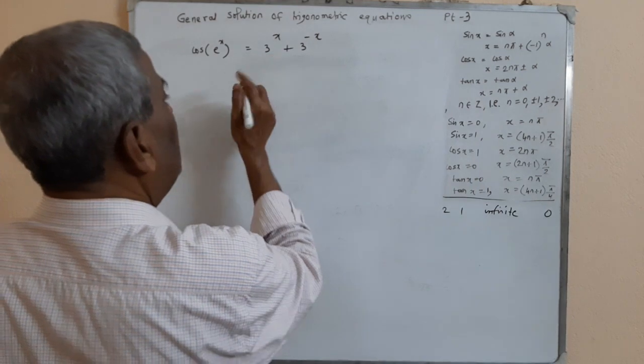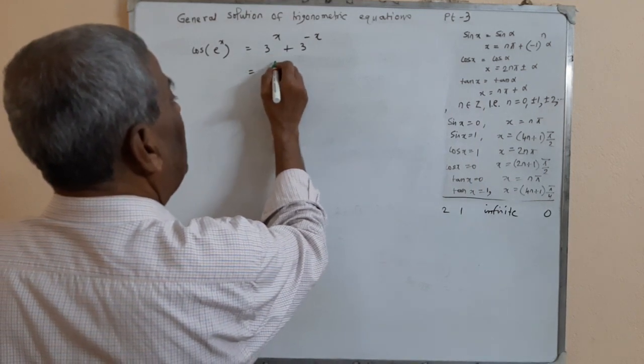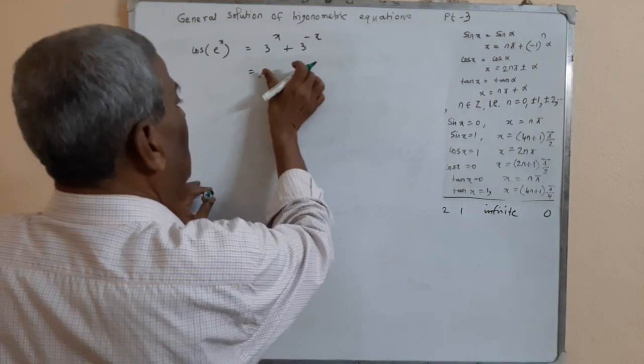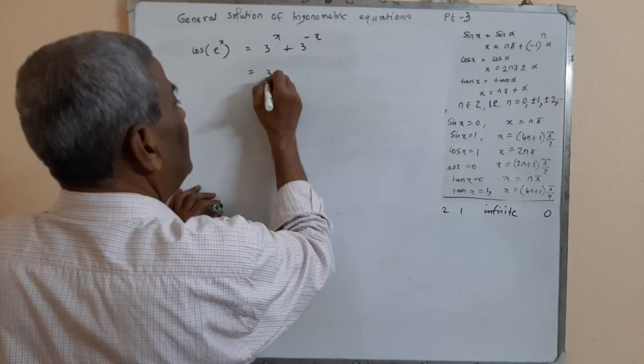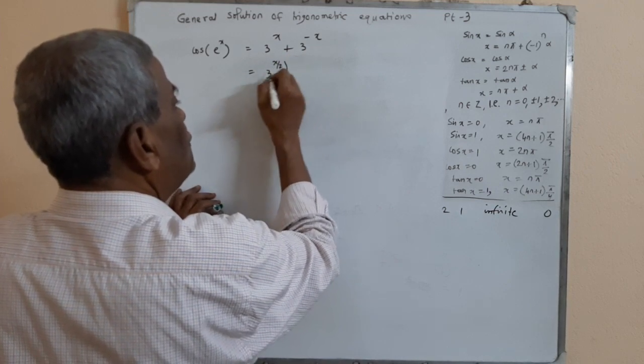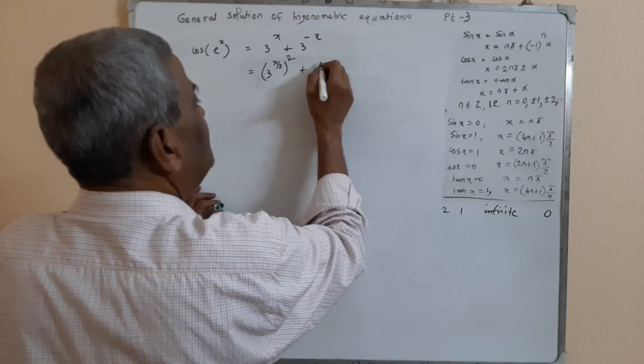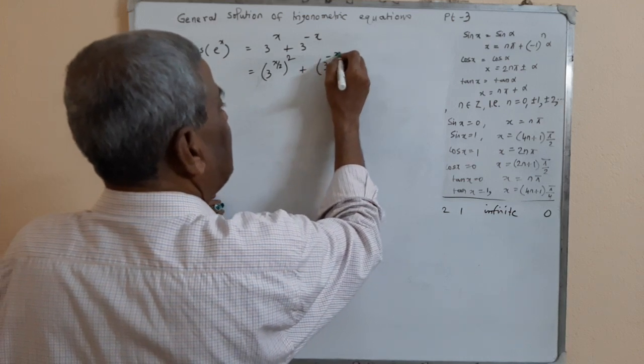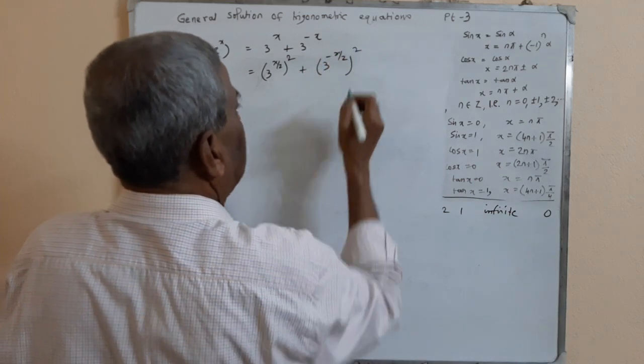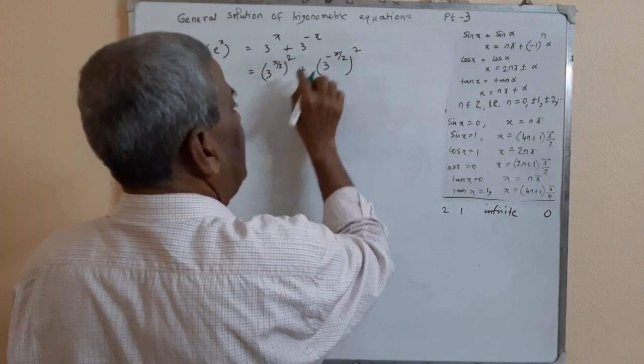Actually, the right side is equal to (3^(x/2))² + (3^(−x/2))².